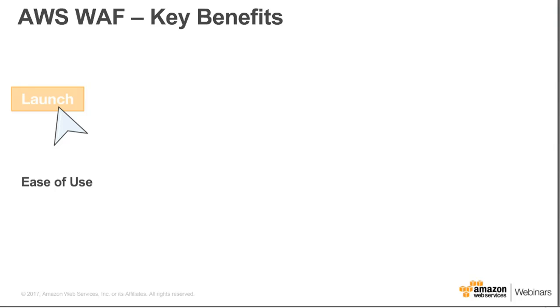The fact that you can, with a few clicks, deploy AWS WAF on these public endpoints makes it very easy and flexible for customers to use a web application firewall. You do not have to maintain your EC2 instances. You do not have to scale them, nor do you have to architect a VPC architecture, which you would have to if you were to deploy an RV-based WAF or any other WAFs. So we've made it really easy for you to include AWS WAF into your architecture.